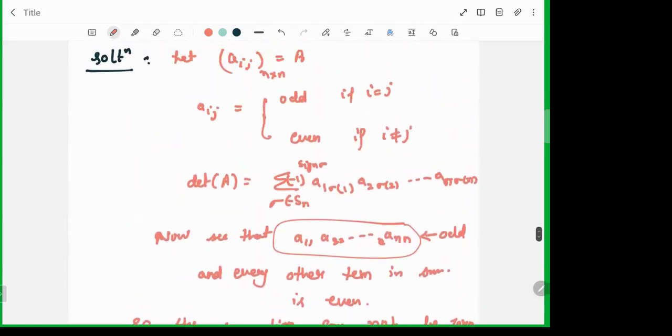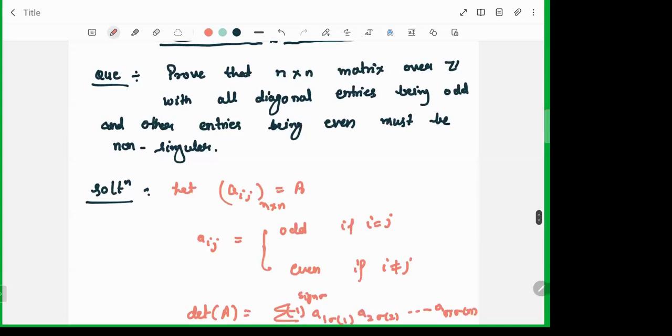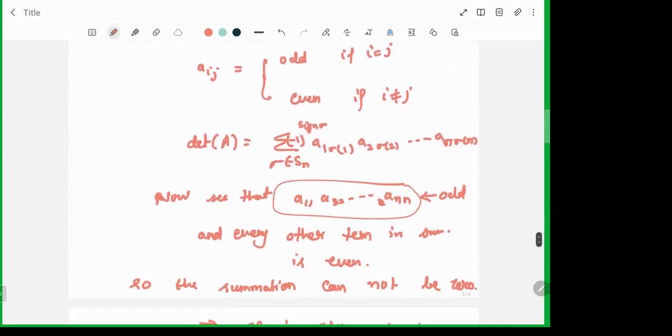So what have we done? We have an n cross n matrix with integer entries, and given the condition that its diagonal entries are odd and other entries are even, we have to prove that it is non-singular. We use the permutation definition, which says the determinant is the summation over all permutations sigma in Sn of minus 1 to the power sign of sigma, a1 sigma 1, a2 sigma 2, and so on.